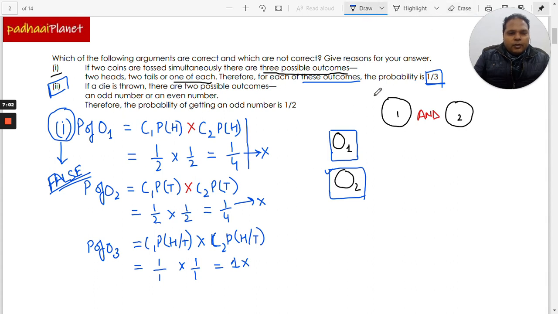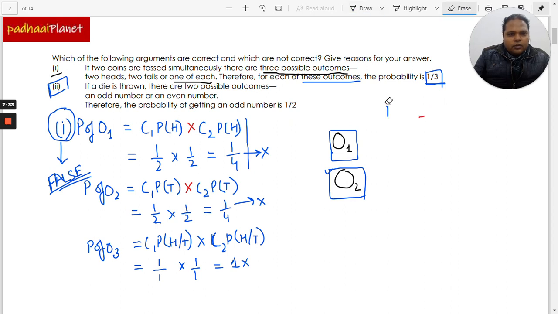In the second statement they are saying if a die is thrown there are two possible outcomes. So the dice is thrown only once.